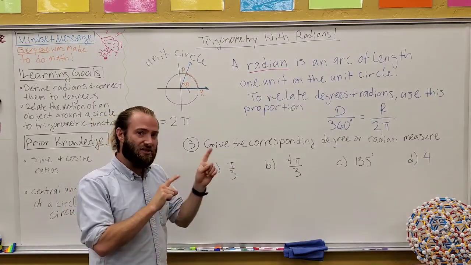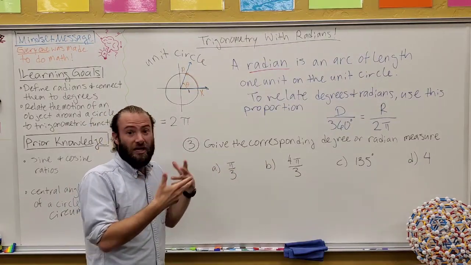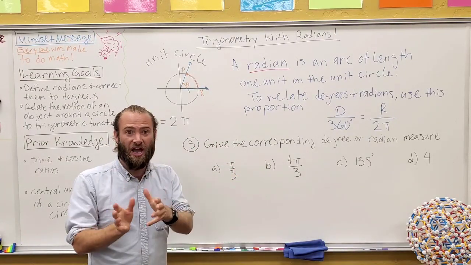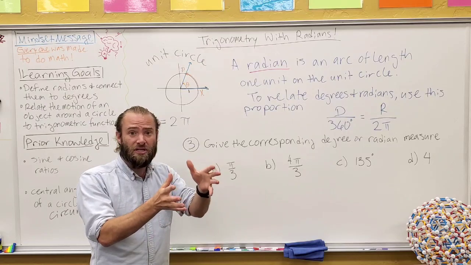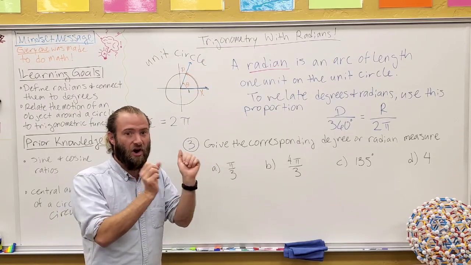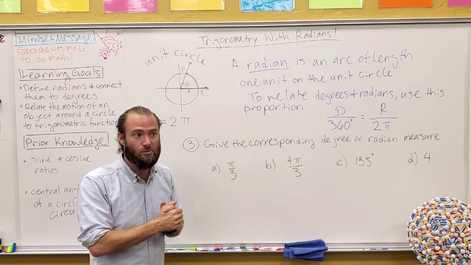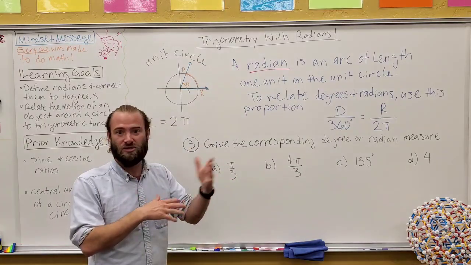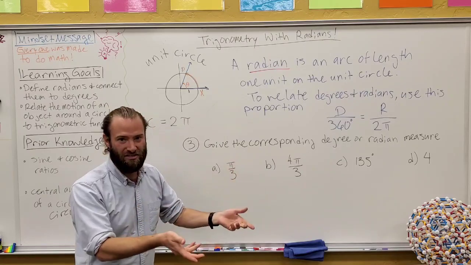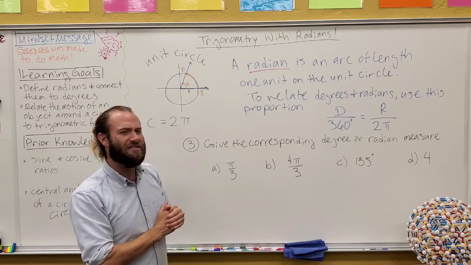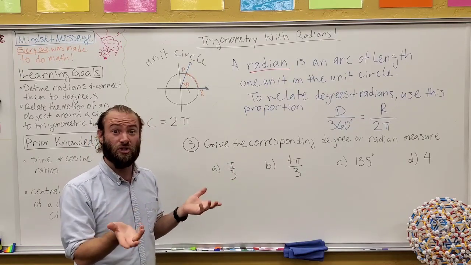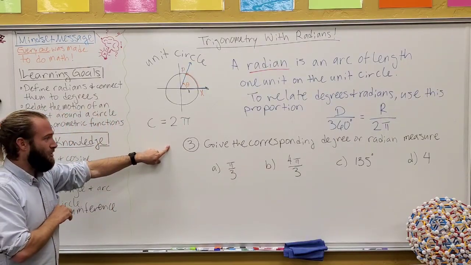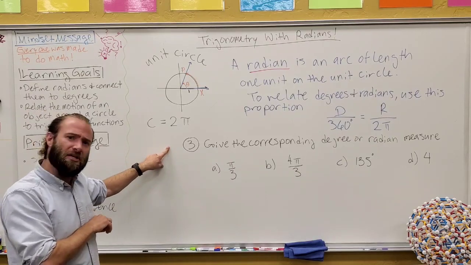And the cool thing is, since there's that correlation, when we get to trigonometric functions, we can talk about the sine of an angle in degrees, or we can talk about the sine of an arc length with a specific number of radians, because it's like tomato, tomato. So we can actually apply sine, cosine, tangent and those things to radians as well. And it turns out that's actually a much nicer tool for us to use, which is why we're introducing them today.